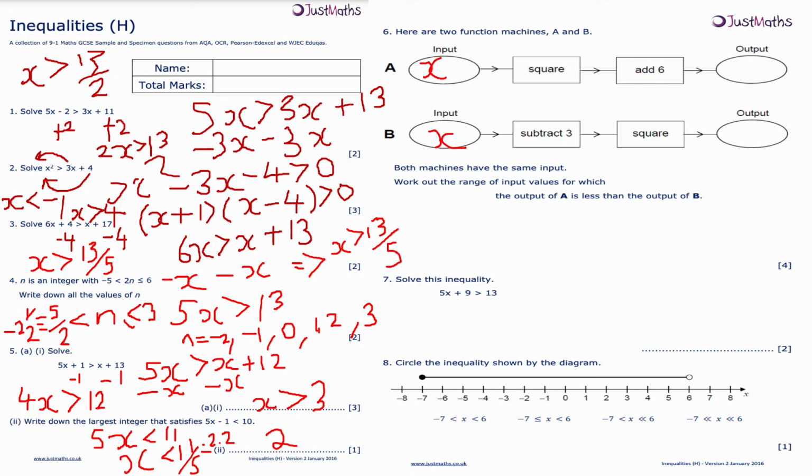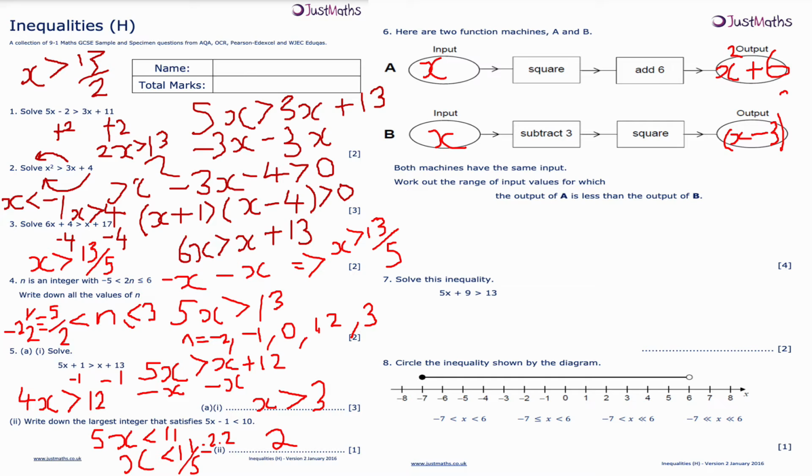Work out the range of input values for which the output of A is less than the output of B. Okay, so the output of A, if I square it, I get x squared, and then if I add 6, my output is just x squared plus 6. The next one, if I subtract 3 and then I square it, I get x minus 3 all squared.